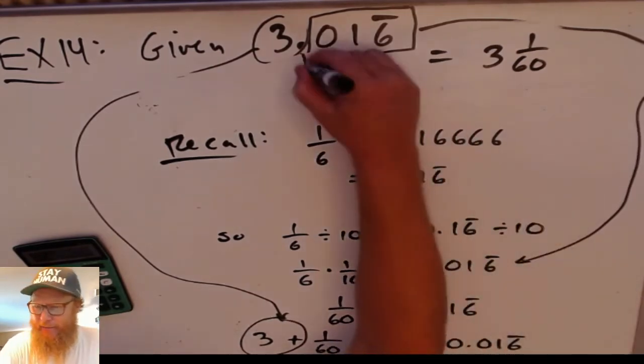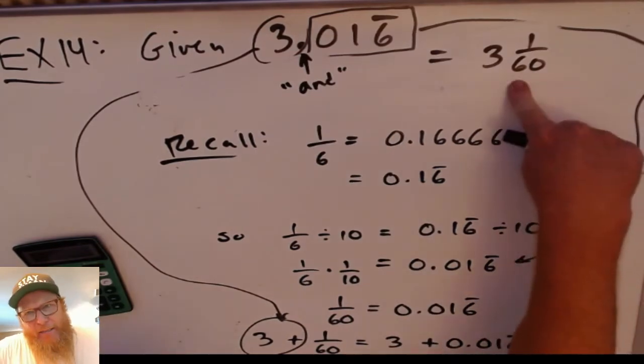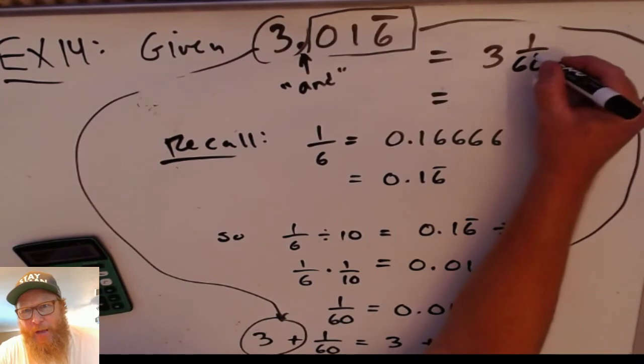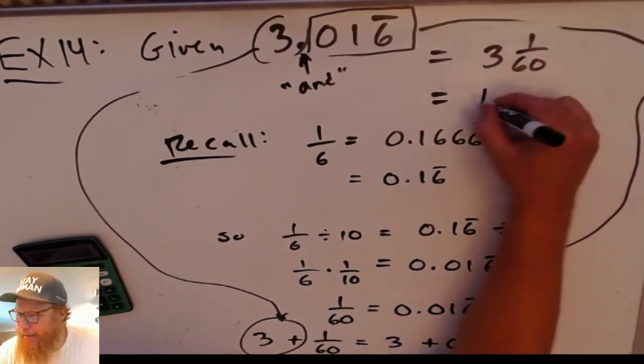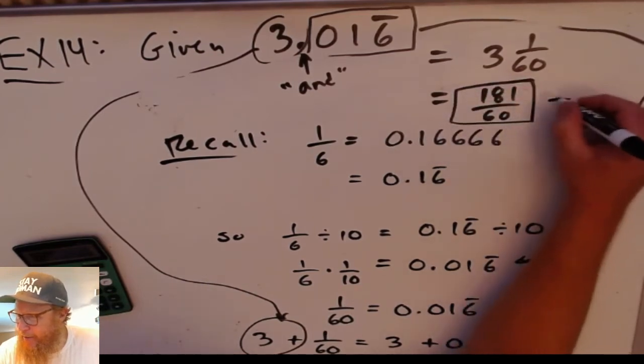And I don't want any mixed numbers. So we're going to do the trick where you multiply and add. That's 181/60ths. And that's your answer.